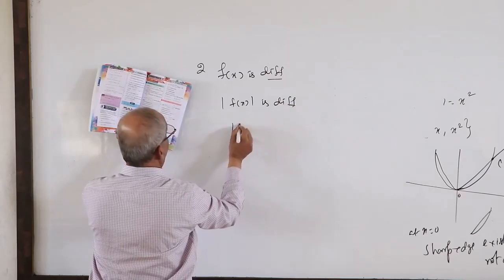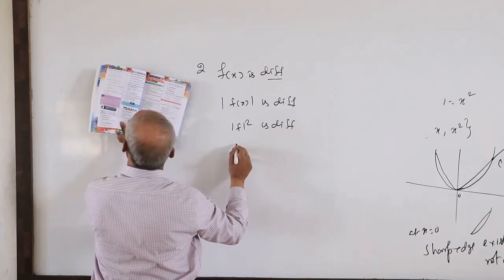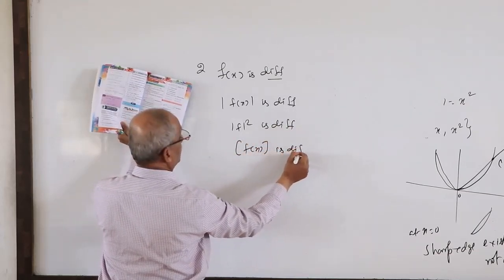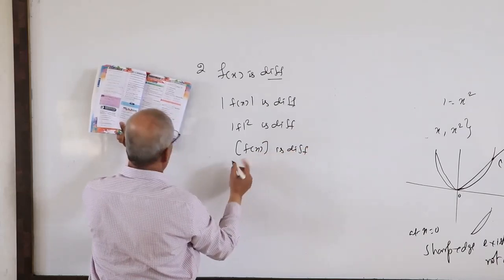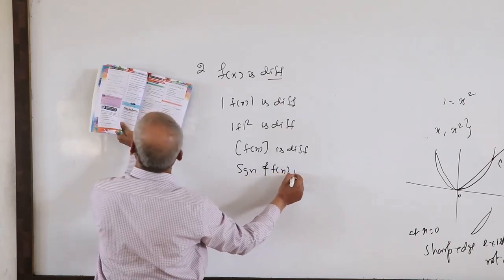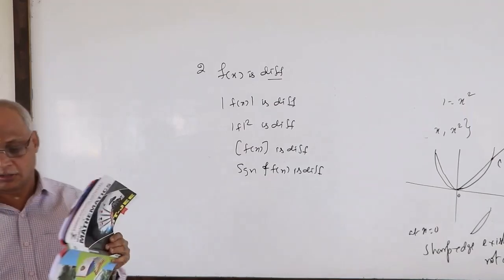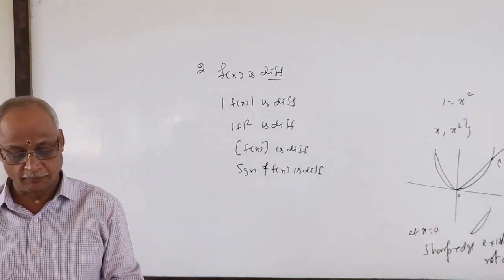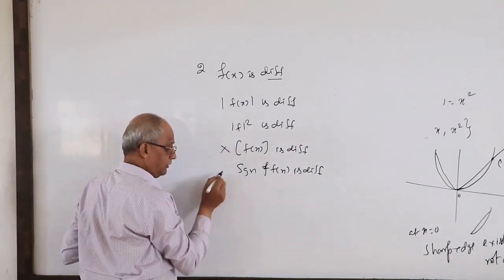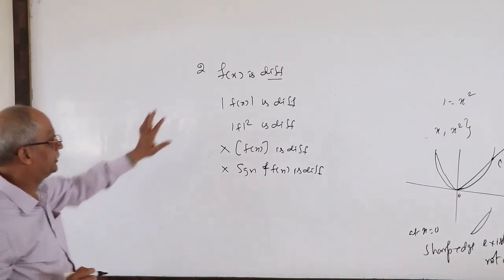Second, mod f square is differentiable everywhere. Step of f of x, definitely failure. Integral function is not. SGN of f of x, this is also not possible. Okay, signum function has conditions, not in general. They are not possible in general. That means integral function failure, signum function failure. Only about this we have to see.